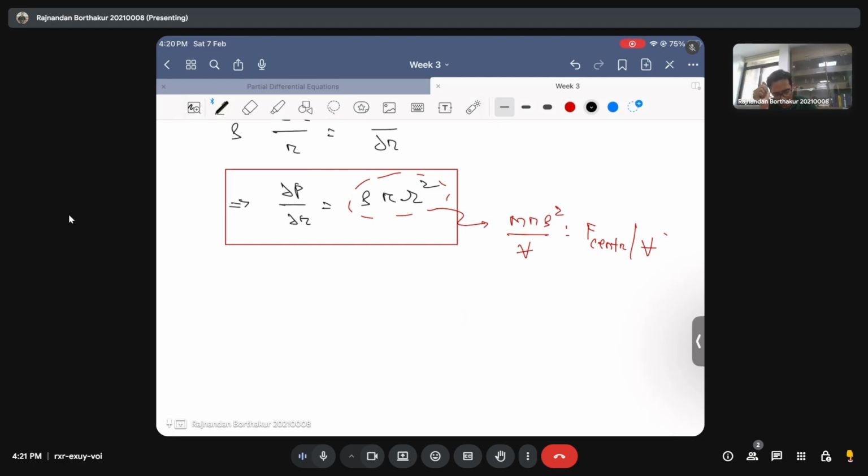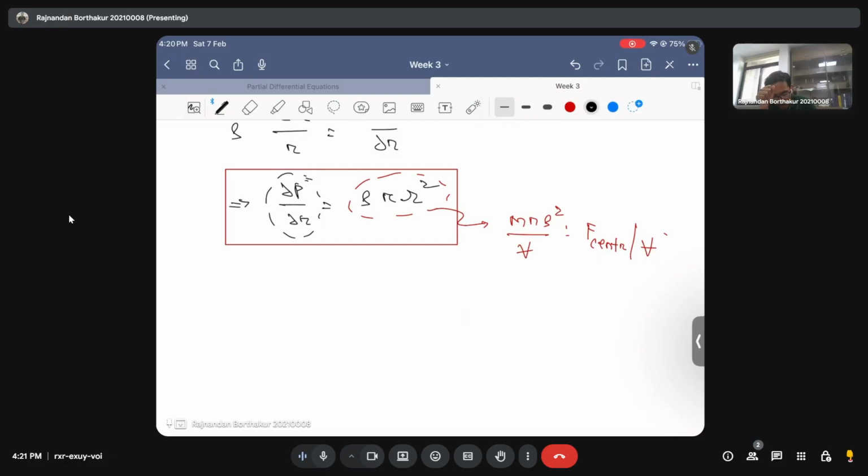Okay, so this is the pressure gradient, this del p del r. If you understand, we didn't actually have a pressure gradient imposed in the r direction. This is the pressure gradient that got developed when the fluid was rotating in the u_theta direction with some velocity omega times r.